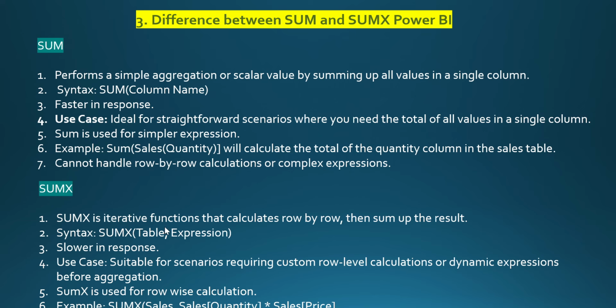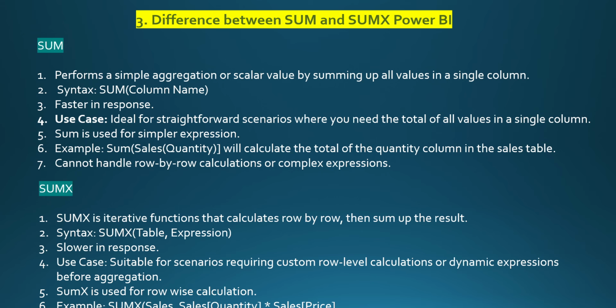SUMX is an iterative function that does row by row calculations, then sums the result. The syntax is SUMX of table, comma, expression. It is slower in response. The use case is scenarios requiring custom row level calculations or dynamic expressions before aggregation. SUMX is used for row-wise calculations.